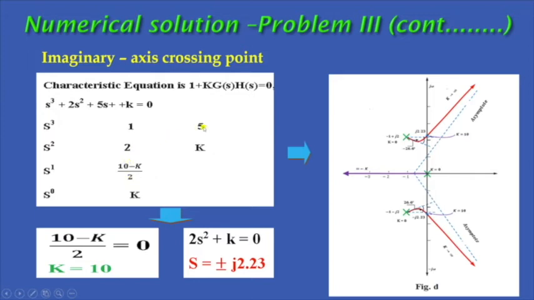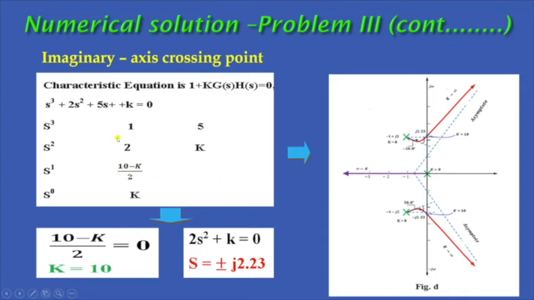So the s one element is (2 into 5 minus 1 into k) divided by 2, which is (10 minus k) by 2, and s zero is k. If we consider this as 0, then k equals 10. That means this row is totally 0.